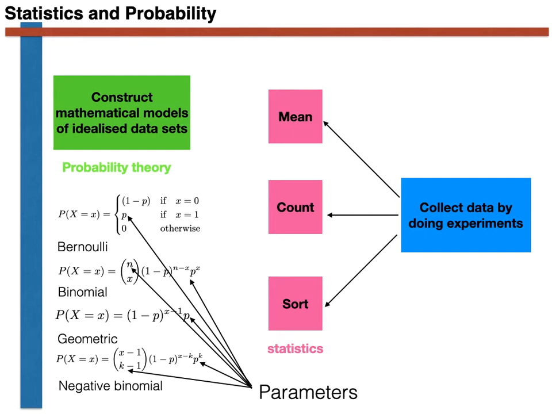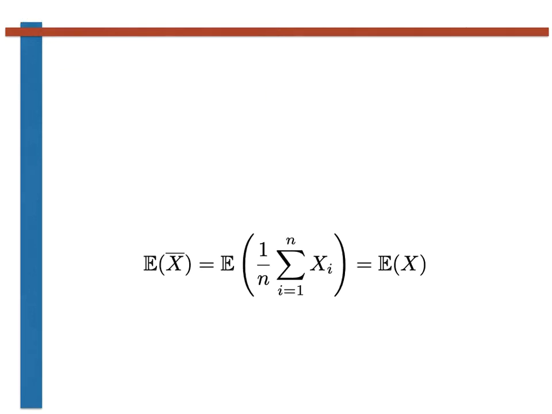Last week, we began making connections between these two domains of knowledge by showing how we can extract the parameters of the probability mass functions for these distributions by repeatedly sampling the random variable and calculating statistics. The particular method that we introduced for doing this was the method of moments.